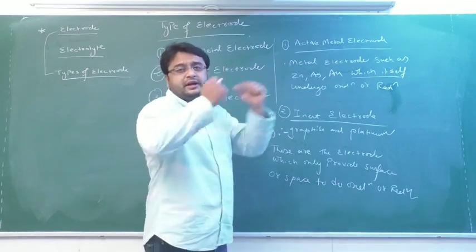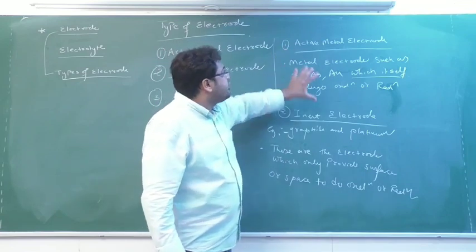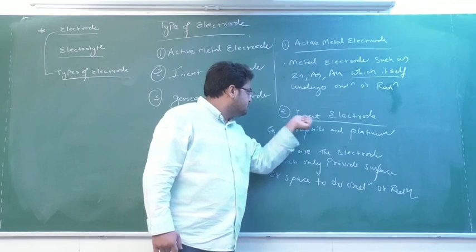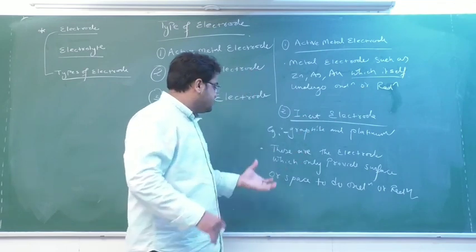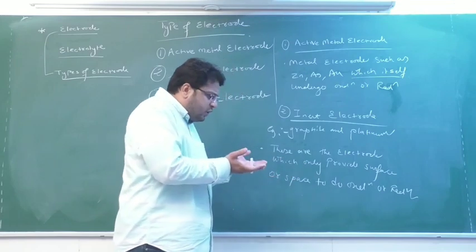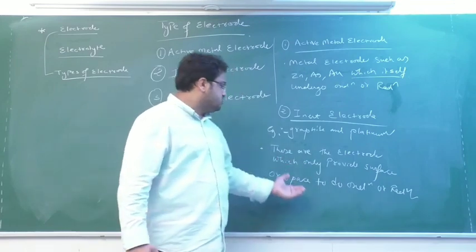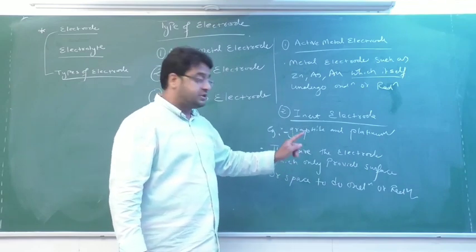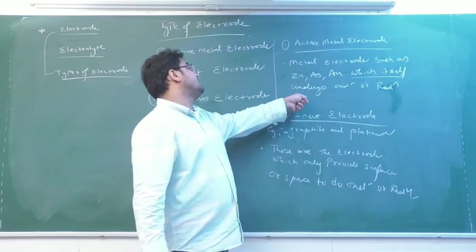So we can say this is an active metal electrode. Whereas in an inert electrode, as the name indicates, no reaction: they just provide a space, a room to do the reaction, but they will not undergo oxidation or reduction themselves. They will not give sacrifice. Here they will give sacrifice.